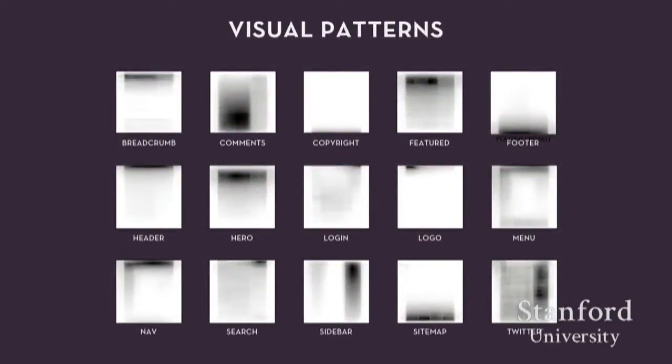Now, here are a set of spatial probability distributions from the data we collected. Each distribution shows where a particular semantic concept is most likely to appear on a web page. And from these distributions, we can see that the visual presentation of page elements and the structural semantics of those elements are sometimes highly correlated.